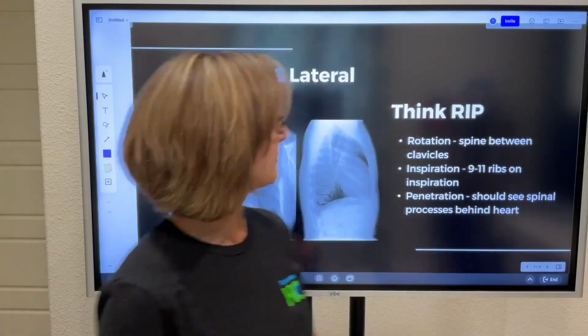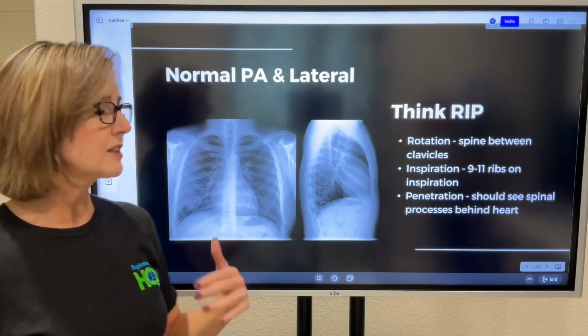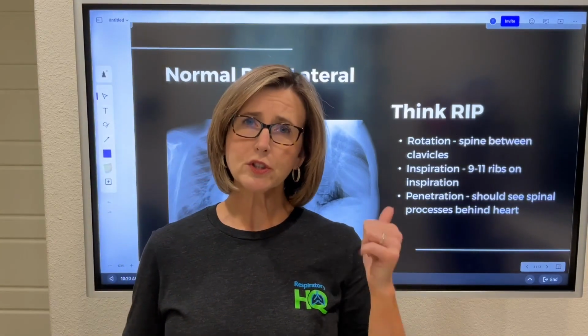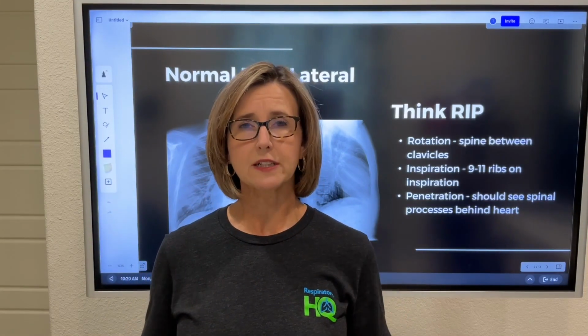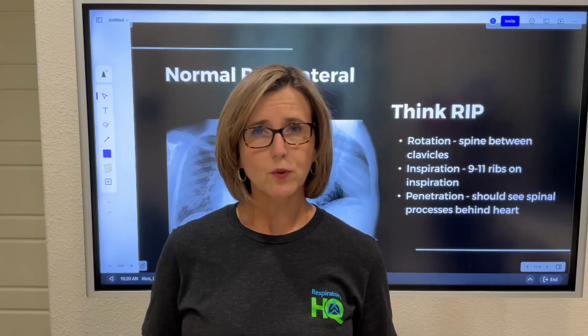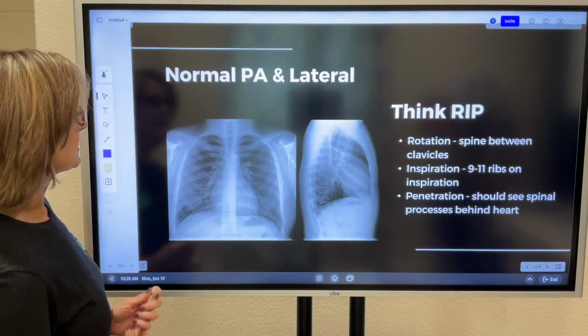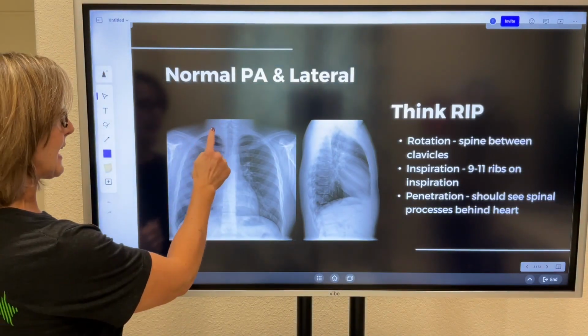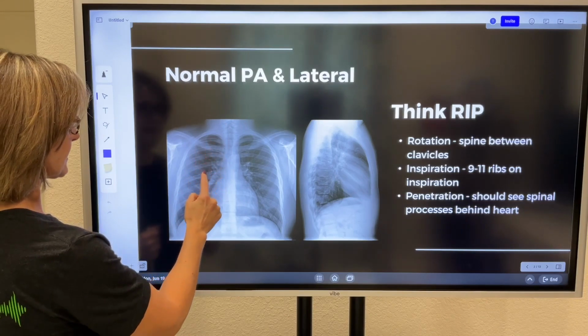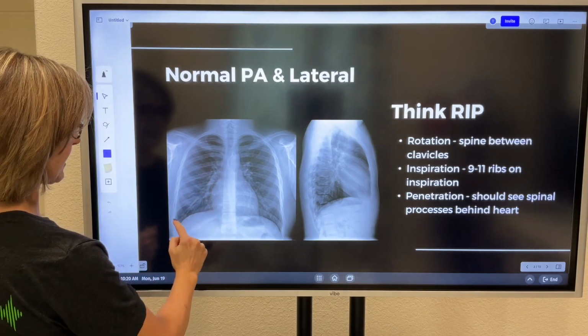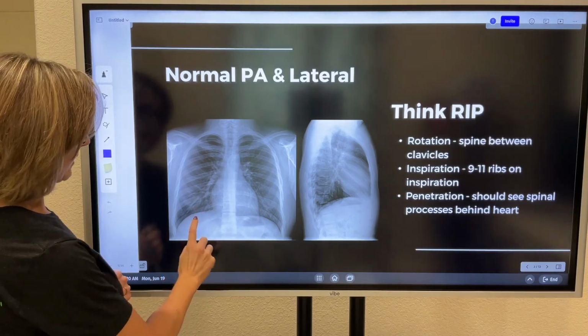Check for rotation. The second thing, inspiration. Most chest x-rays should be taken at full inspiration. And you know it's a full inspiration if you can see between 9 and 11 ribs. So if you count 1, 2, 3, 4, 5, 6, 7, 8, 9, there's 10 right above that clavicle.